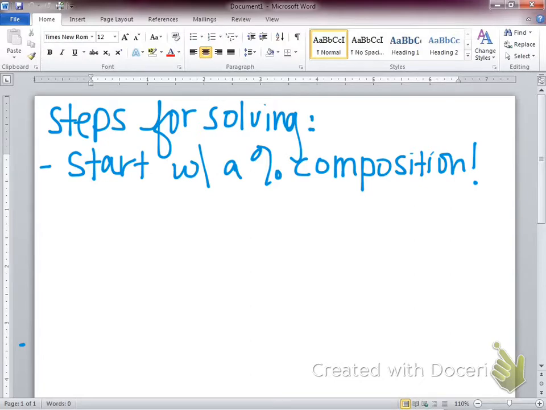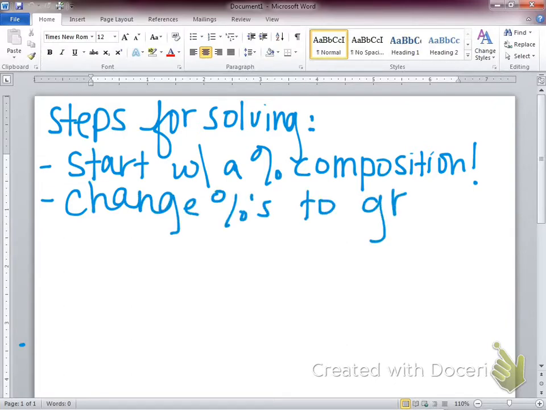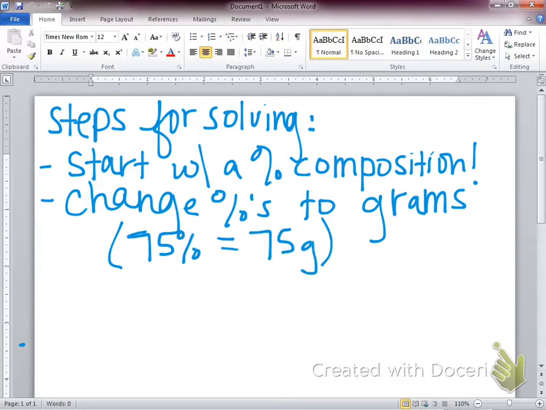If it doesn't, that's fine. But if it does, we start with that, then we convert that percent to grams. So we're going to change percents to grams. All that means here is that if it was 75%, that means it's 75 grams. We assume that we're working with 100 total grams of our substance. So if it's 75%, that means we want 75 grams.